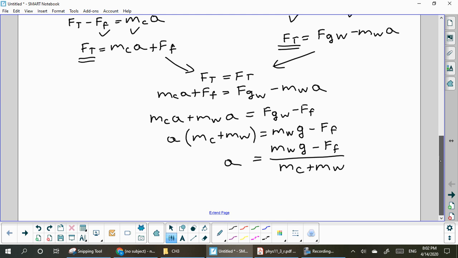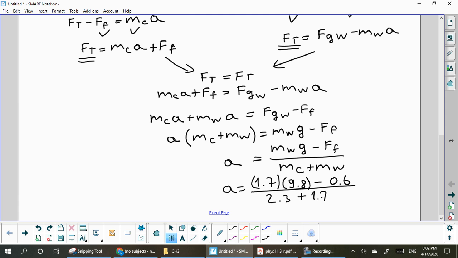So at this point, we're just going to substitute everything. My mass for the weight was 1.7, not 1.8. 1.7 times 9.8 minus force of friction was 0.6. And then we have the cart, which is 2.3 plus 1.7.